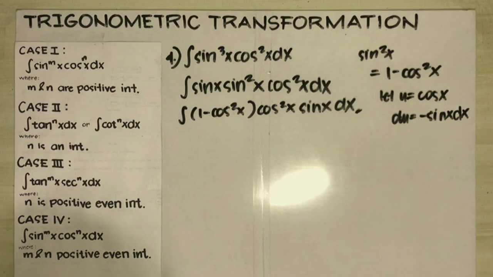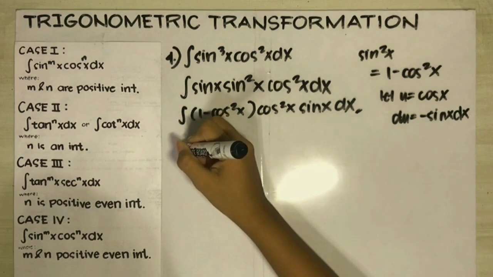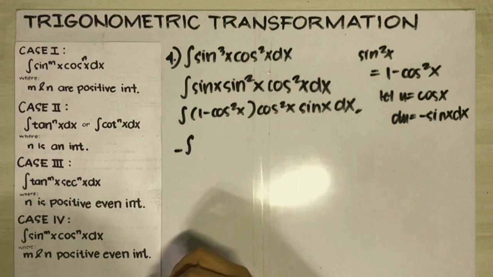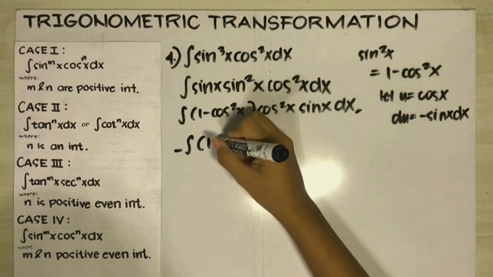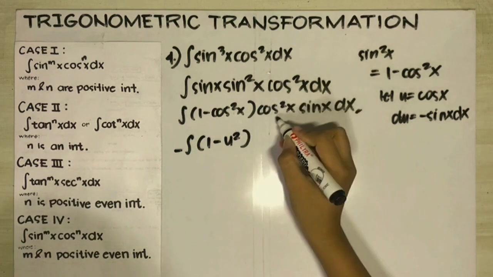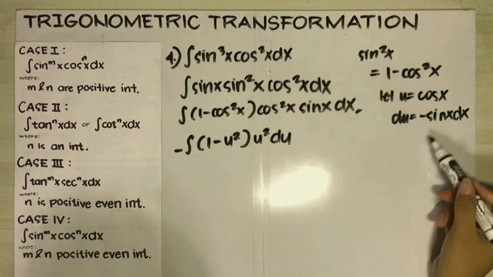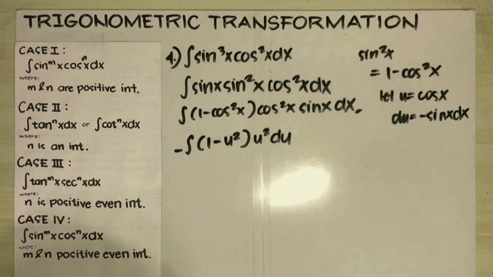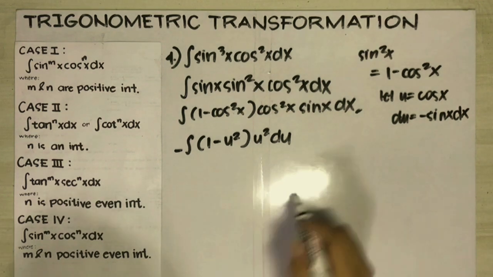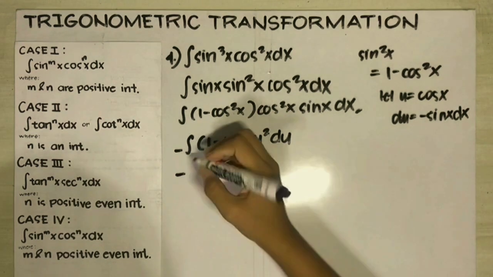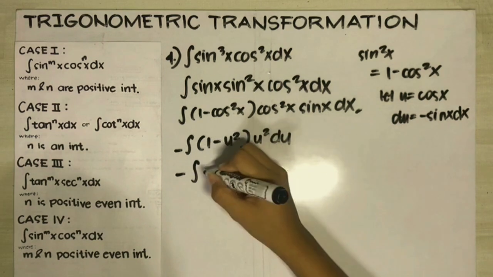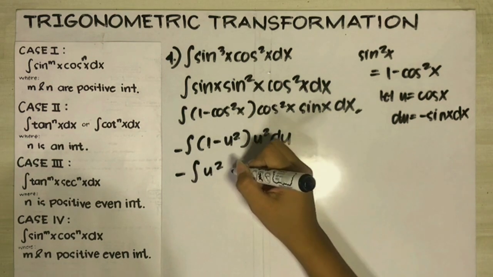The only thing that is missing is the sign. So, the integral of 1 minus u squared times u squared du. Now, this is easier to solve. So, negative integral of u squared minus u to the fourth power.